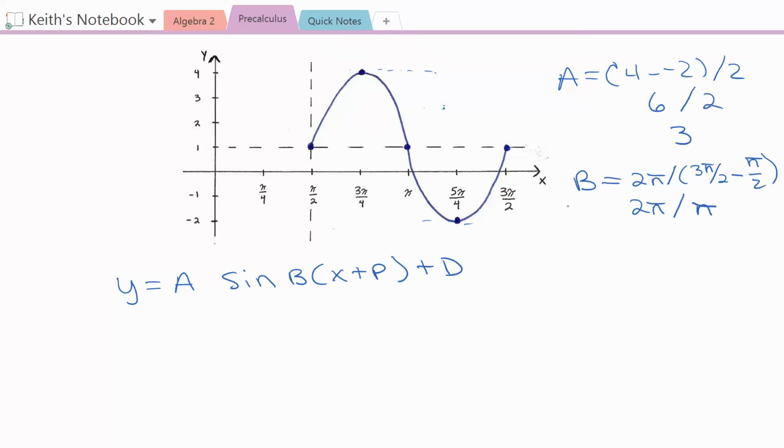What number does b have to be in order for the period to be pi? It has to be 2. Then you're going to find out what the phase shift is. The phase shift here is the opposite of the x minimum. In this case, the phase shift would be negative pi over 2.